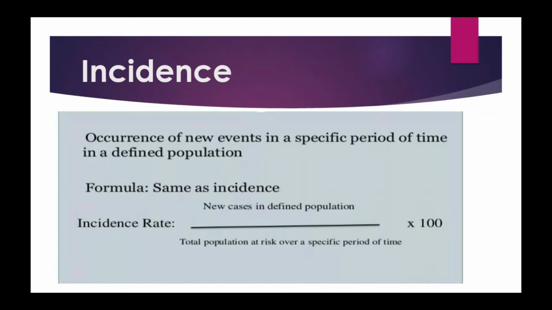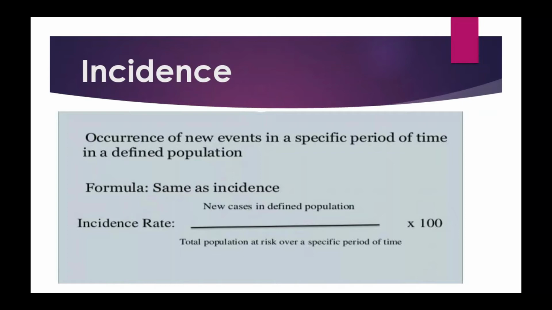So incidence defines the number of new cases occurring in a defined population during a specified period of time. Here the new persons who are affected by the disease in a specific time period go under incidence.